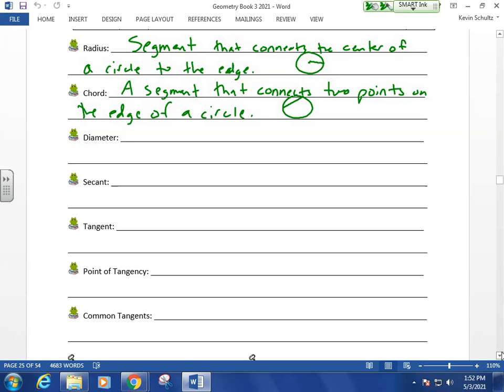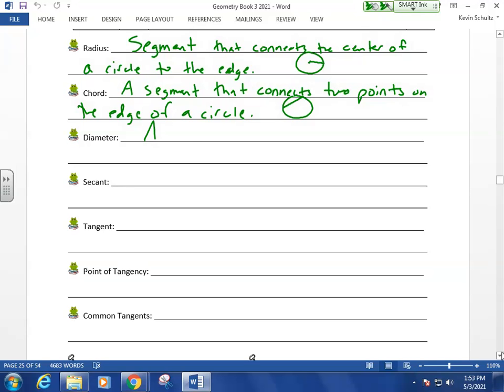Okay. The diameter, yes, Noah. Yes, and so the diameter is also a chord, right? It's a very special chord.